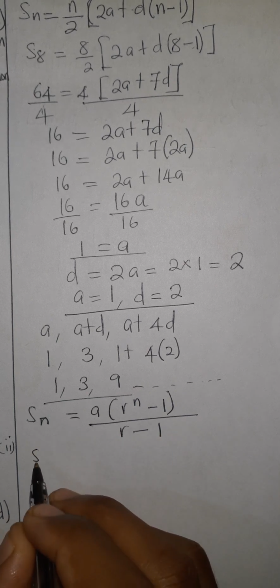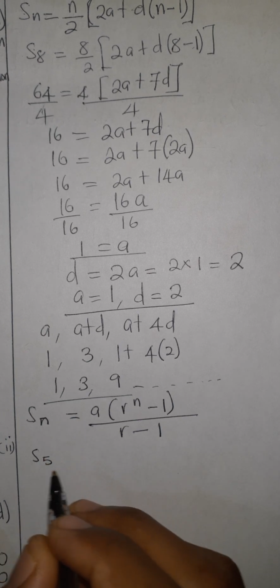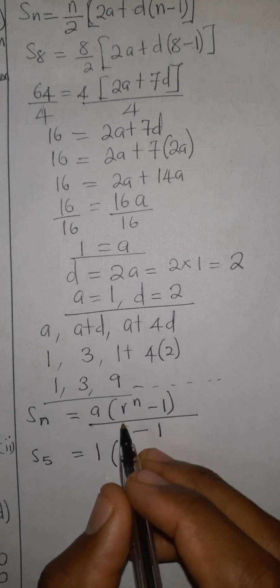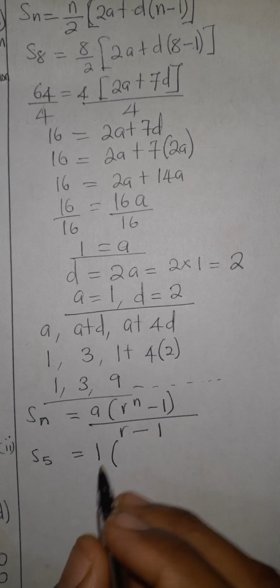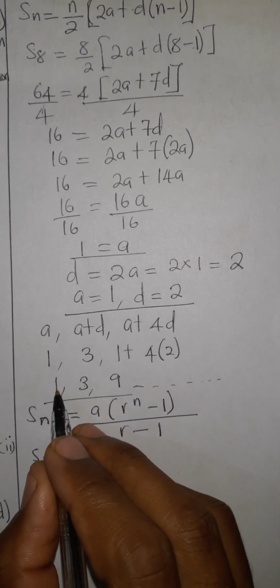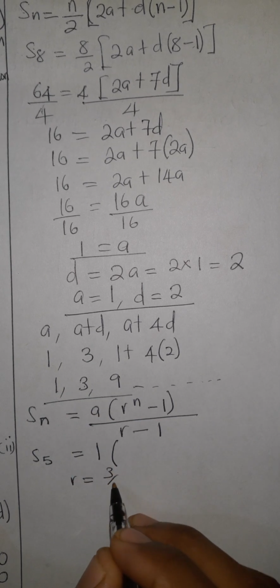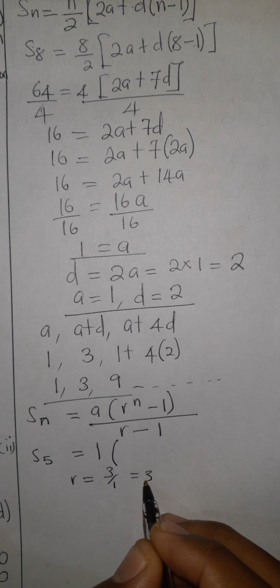Then for the sum of the first 5 terms, the first term is 1. For the common ratio, we take this divided by this, so the common ratio r is equal to 3 over 1, which is equal to 3, right?